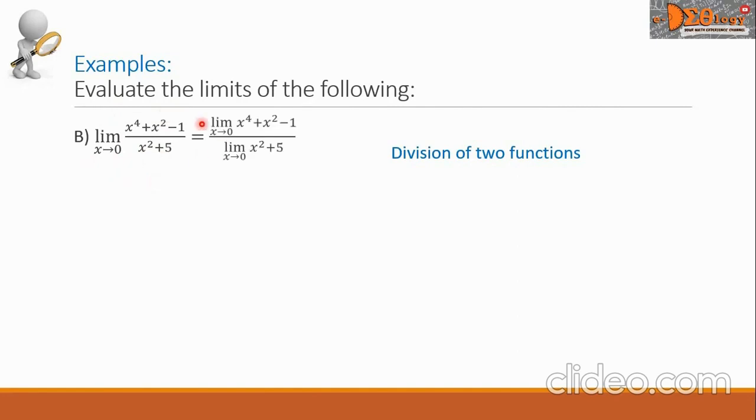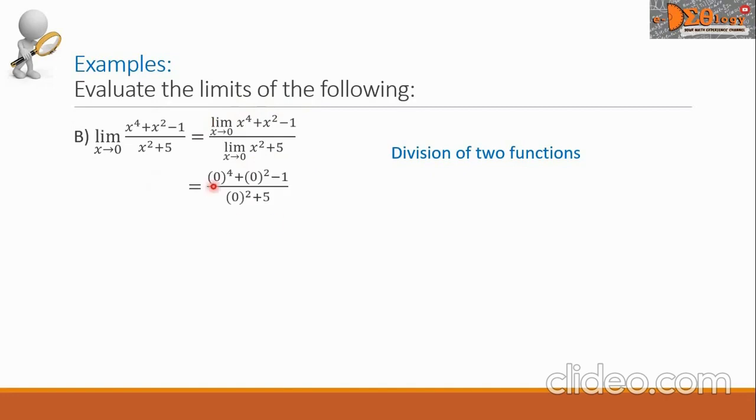So we write here the limit of x raised to 4 plus x squared minus 1 as x approaches 0 all over the limit of x squared plus 5 as x approaches 0. Let us evaluate the numerator and denominator respectively.